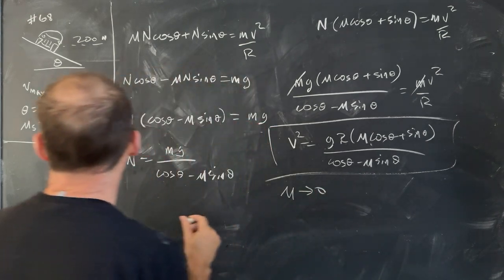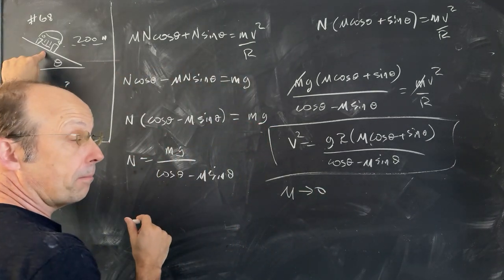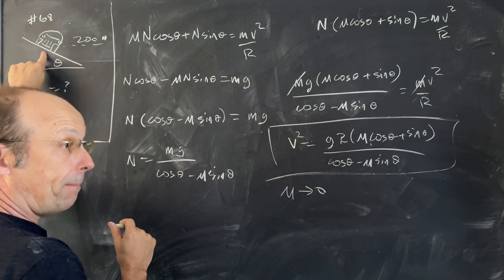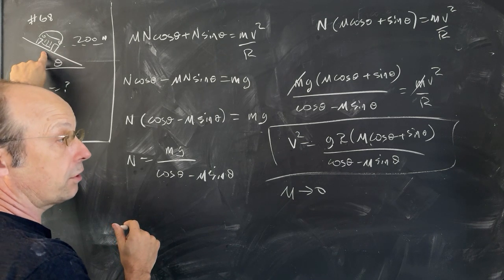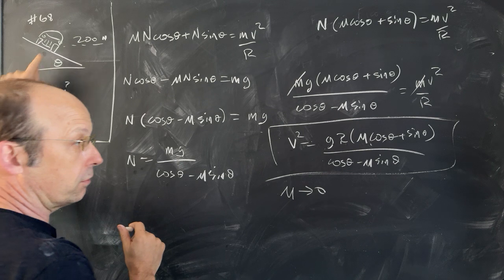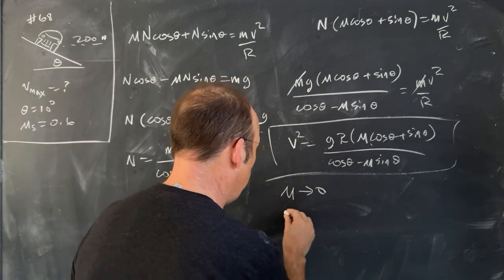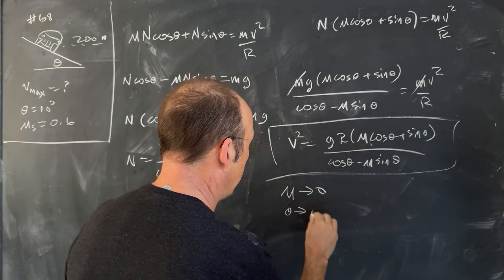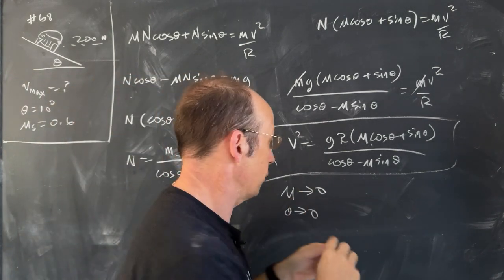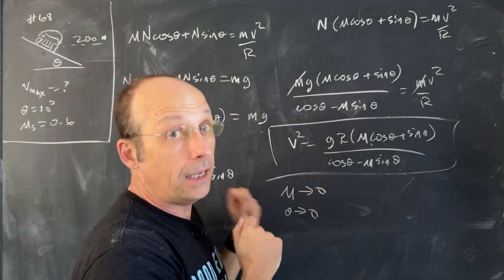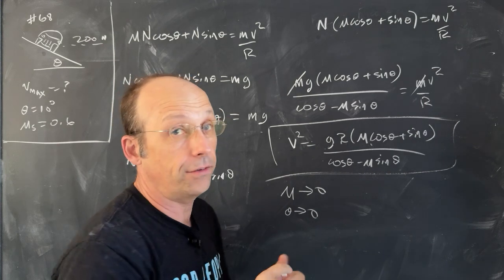In that case, there is a maximum. You can have a banked turn for no friction, and that's what you could solve for. And the other thing you could check is what happens when theta goes to 0. When theta goes to 0, you have a car on a flat plane, and that's another solution. These are two different problems in the chapter that you can check.